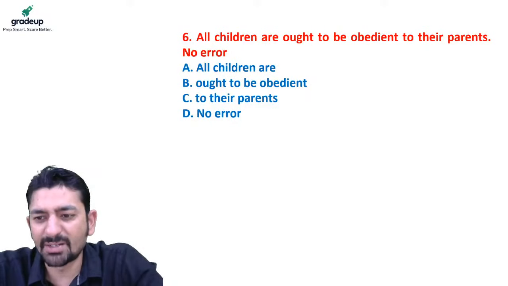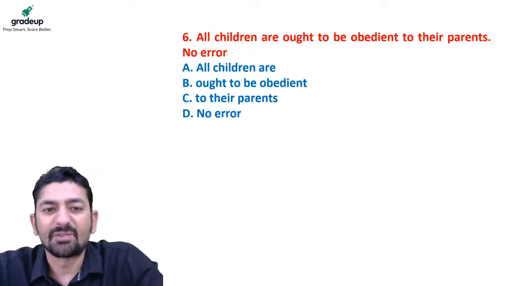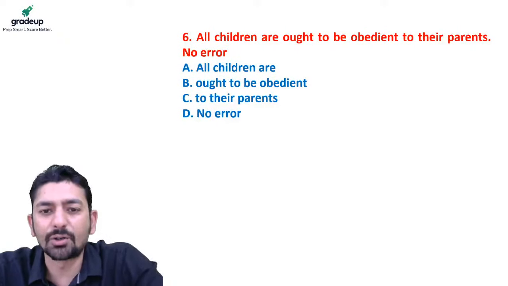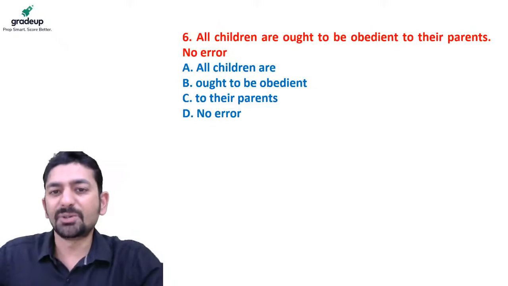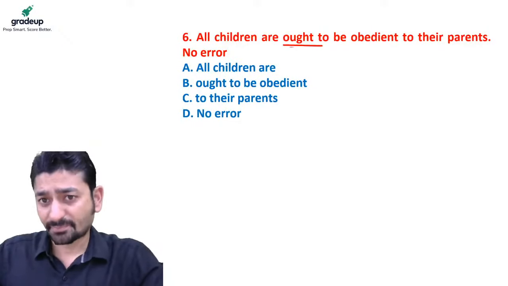Okay, I've got a few answers on the app as well. If you are saying no error, okay, D, say no error. When you say all children are ought to be obedient. Now let me tell you here, most people are saying no error on this one.